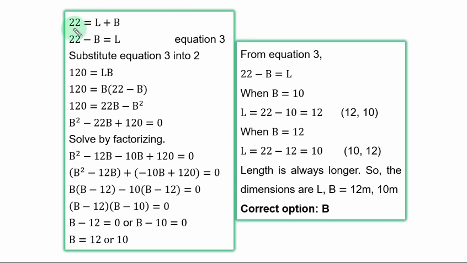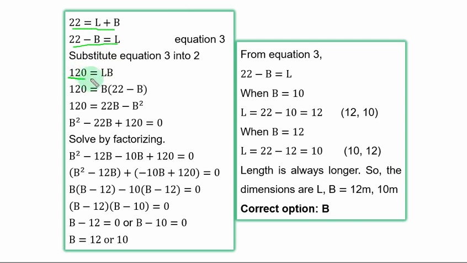Starting from equation 1, you have it in this form. You make the length the subject. You have to transfer the breadth to the left hand side. You have this as equation 3. Equation 1 produced 3. To continue, you need to substitute equation 3 into equation 2.